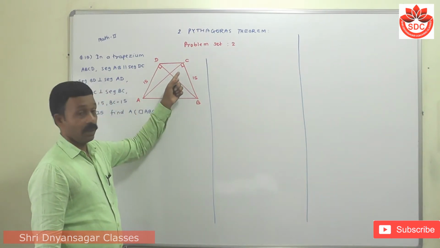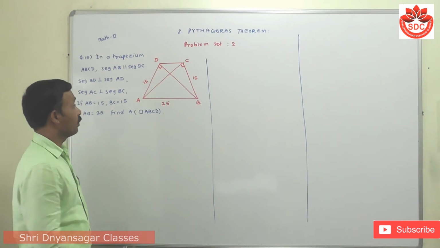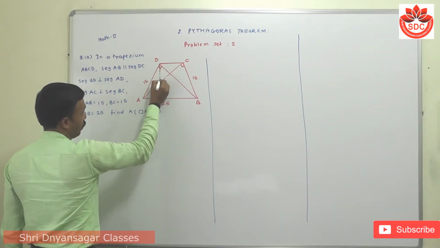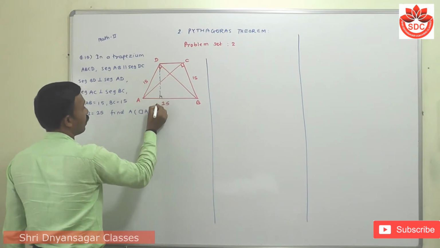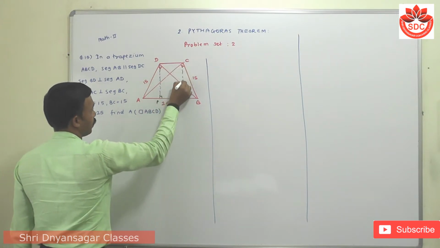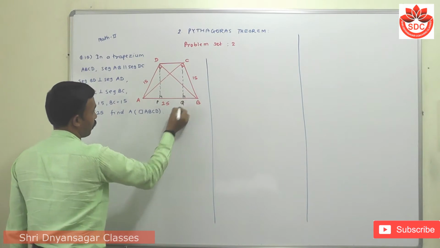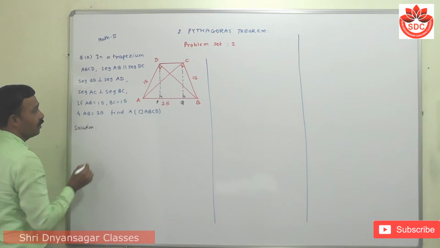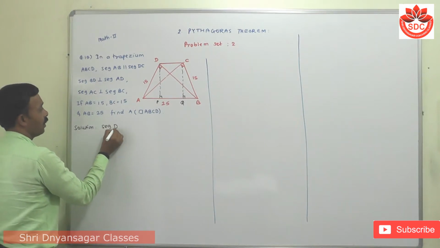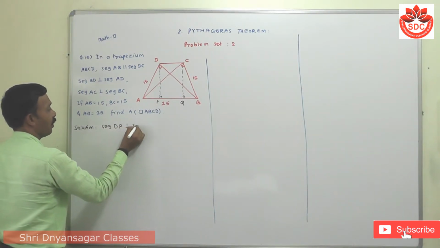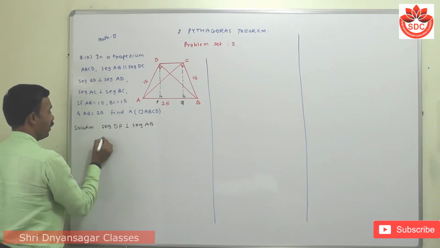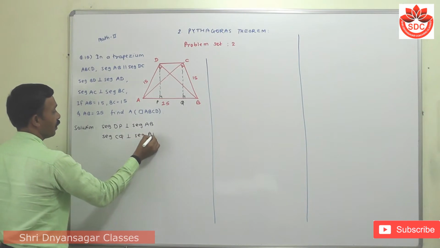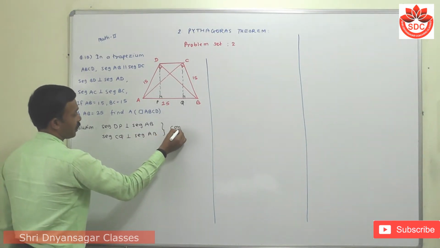Draw the perpendiculars through points D and C. Suppose this is the perpendicular point P and this is the other perpendicular point Q. In the solution I write: segment DP is perpendicular to segment AB and segment CQ is perpendicular to segment AB. This is our construction.